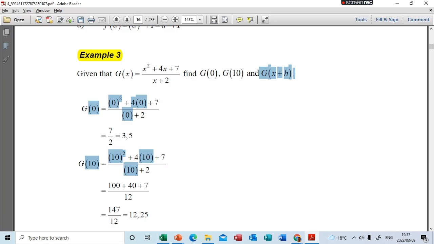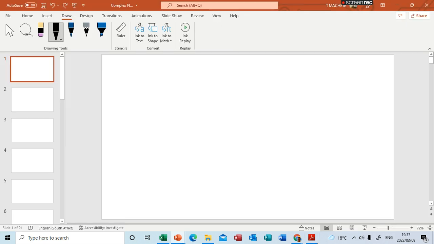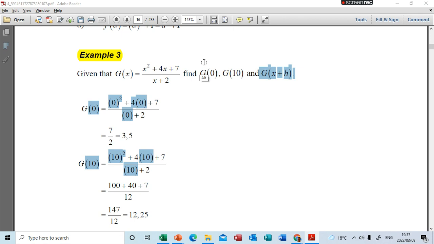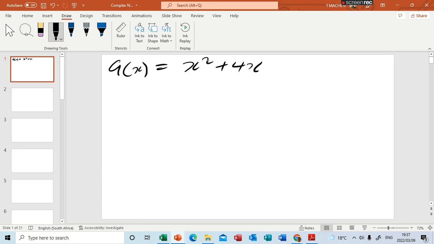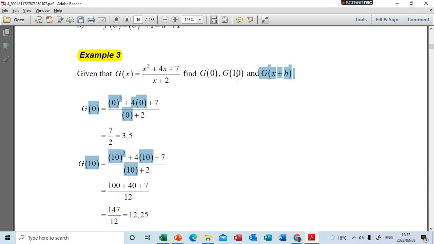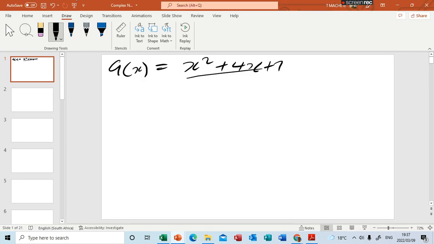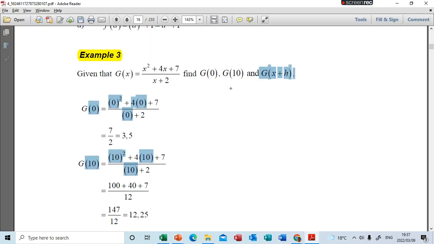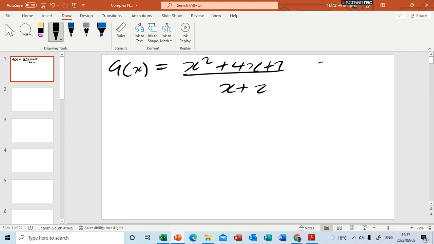So, for example, if they say g of x is x squared plus 4x plus 7 over x plus 2. There are more examples, guys. Then they told you that you must find the g of 0 and the g of 10.